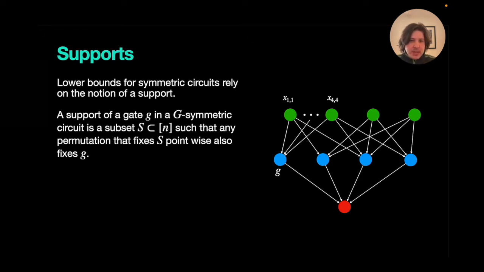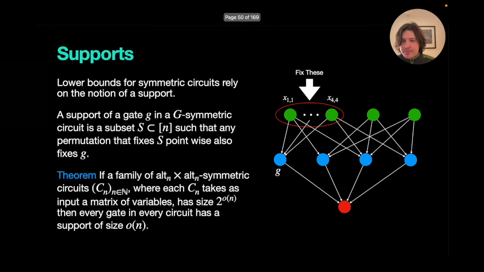Now, if one applies G to those input gates, it's easy to see that if we fix x11 through x44, and all of those gates are input to g, then definitely any permutation that fixes those is also going to fix g. And as such, we might say {1, 2, 3, 4} is a support for g. That's the sense in which we mean it. So if we fix those, we've definitely fixed g.